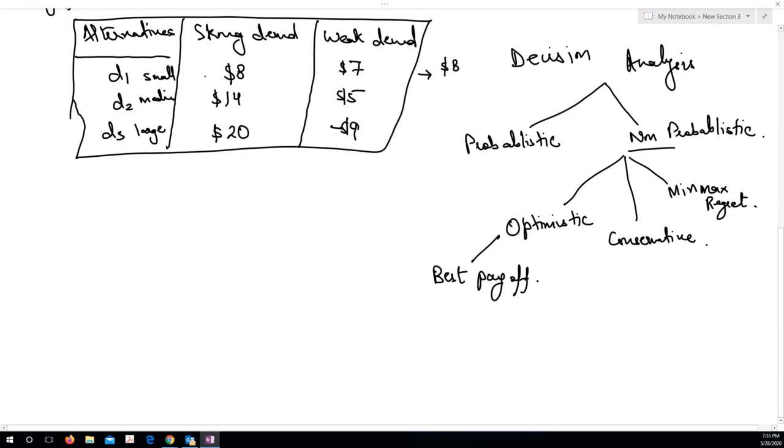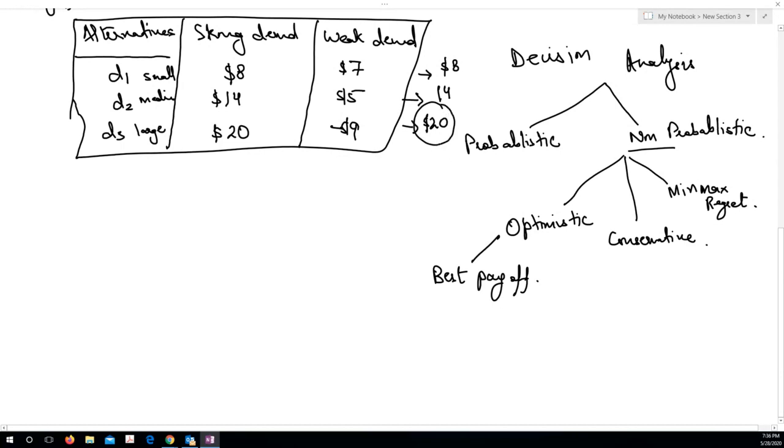The highest payoff we can get is this one when the market is high. And for this one it is 14 and this one is 20. So we should take the best out of the best, the best of each strong demand alternative, and this should be our answer here.